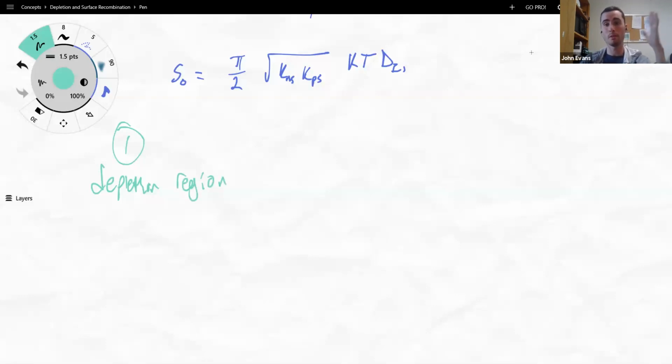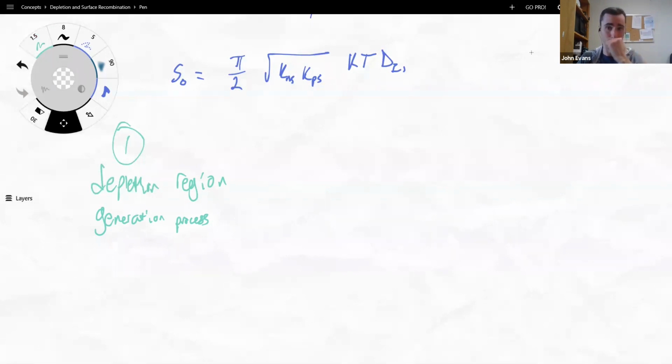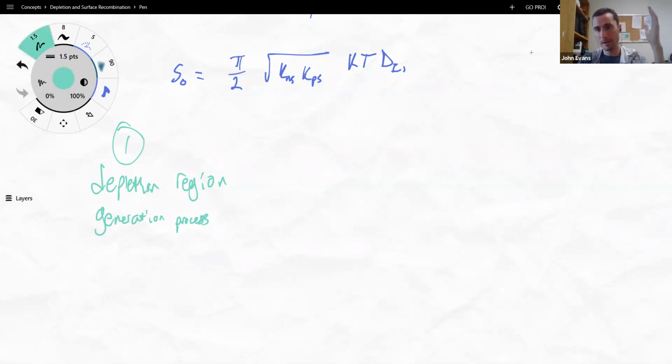In the depletion region, which remember for recombination and generation is smaller than our normal depletion width, we are going to get a generation process which is given by a relatively simple expression. I'm not going to rewrite it here, but we talked about it. And that it's important for devices, but generally doesn't happen a lot because the carriers move too quickly.